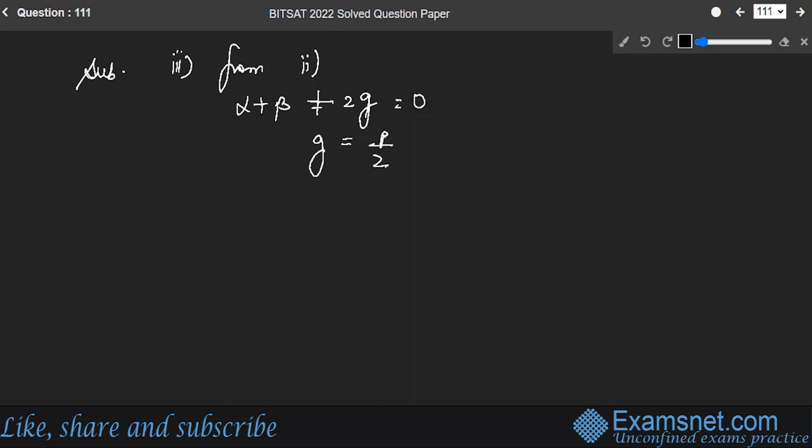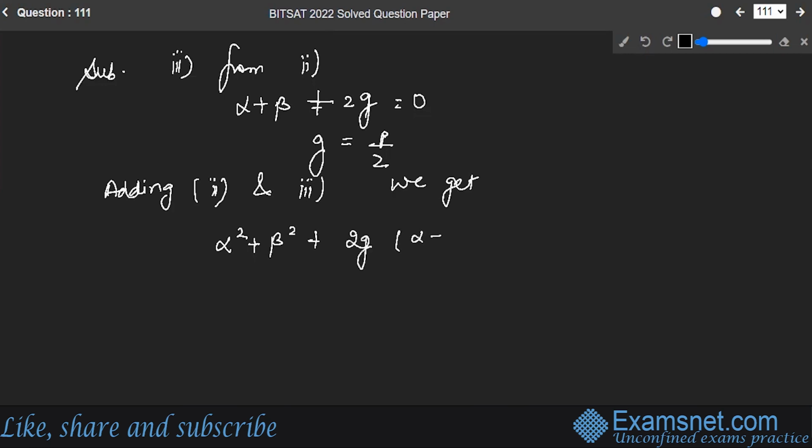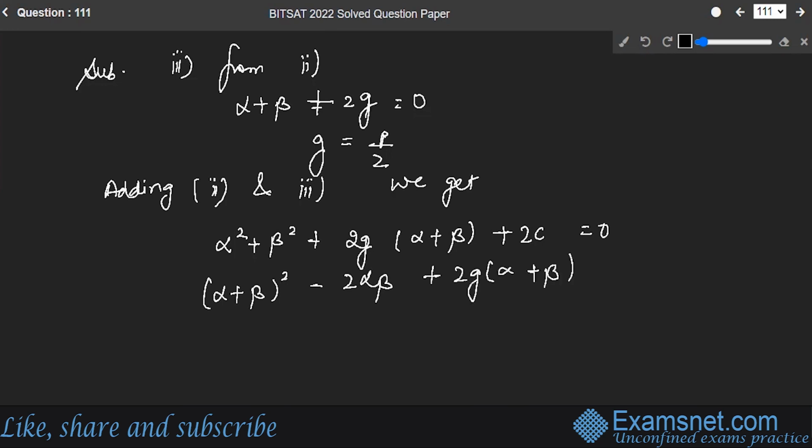Okay, now adding equations 2 and 3, we get alpha squared plus beta squared plus 2g (alpha plus beta) plus 2c is equal to 0, or you have (alpha plus beta) squared minus 2 alpha beta plus 2g (alpha plus beta) plus 2c is equal to 0.